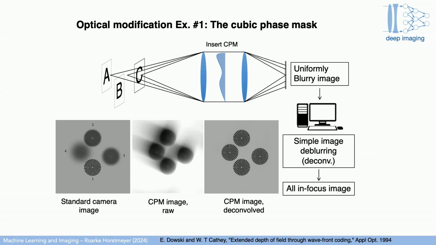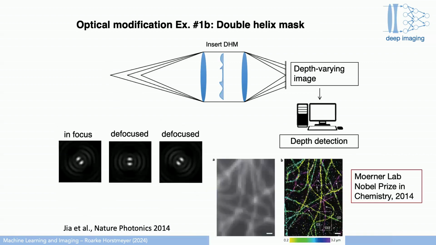Okay, so I'm going to give you one more example of why this is important. And this is, what if you insert some other piece of glass in there that doesn't maintain the same point spread function, depending on how far away things are, but really changes it in a useful way. And by a useful way, I mean changes the blur in a known way that you can measure.